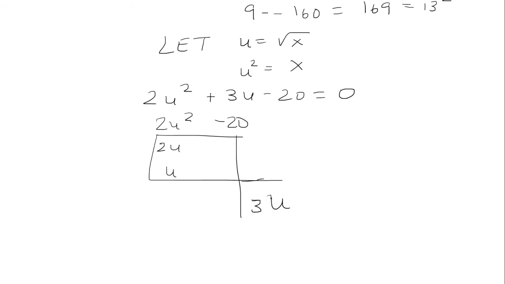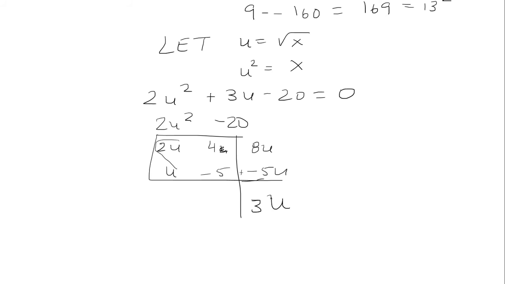What about factors of 20? Well, I can use 4 and 5, which actually works here. But because it's negative, one of them has to be negative. So 2u times 4 is 8u. u times negative 5 is negative 5u. And if you add these, 8u plus negative 5u is 3u. So what I did was correct.